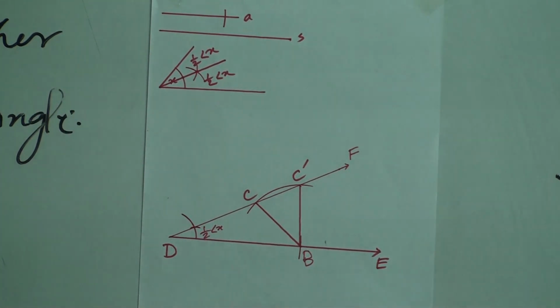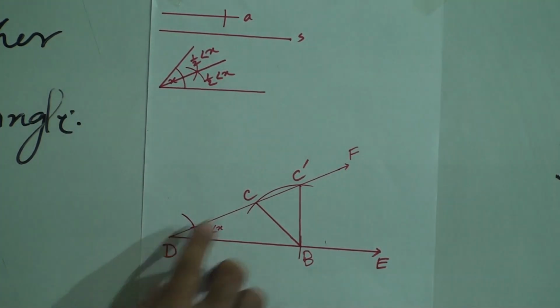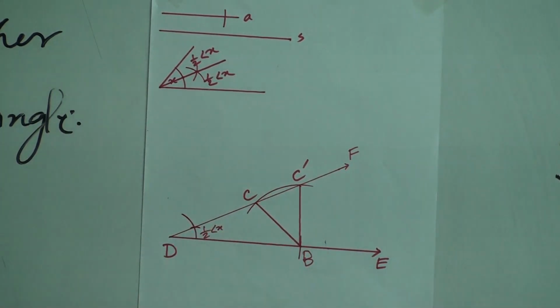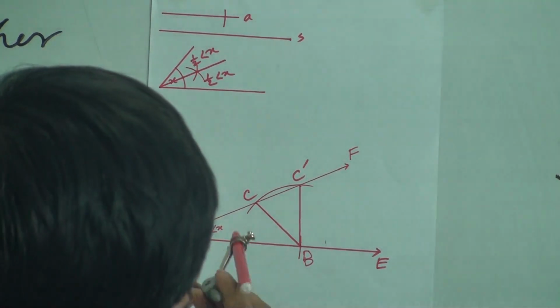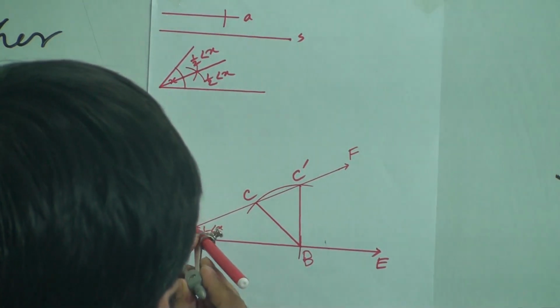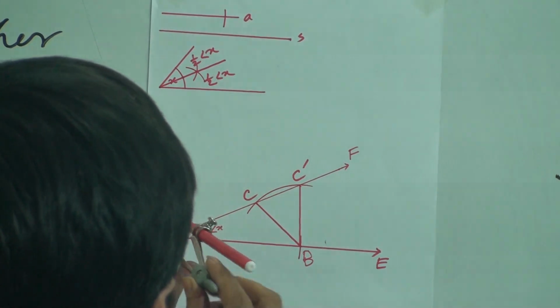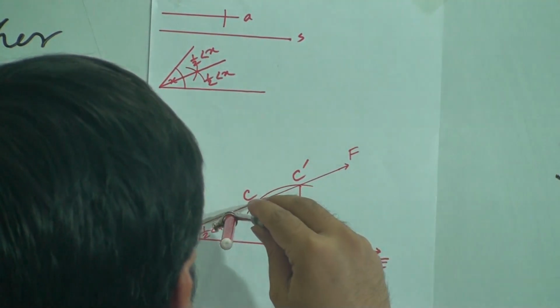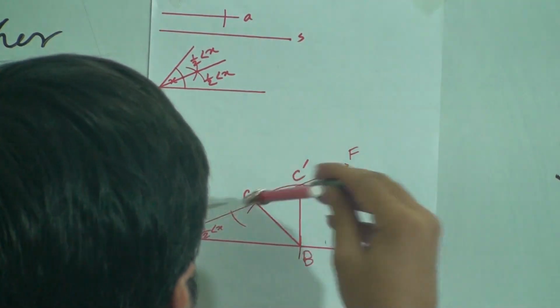Now we have to draw angle BDF again at C and C prime. So draw this angle at these 2 points.